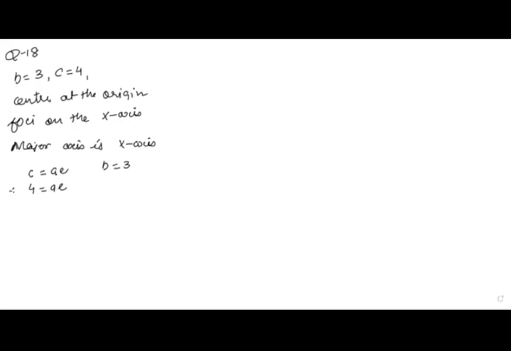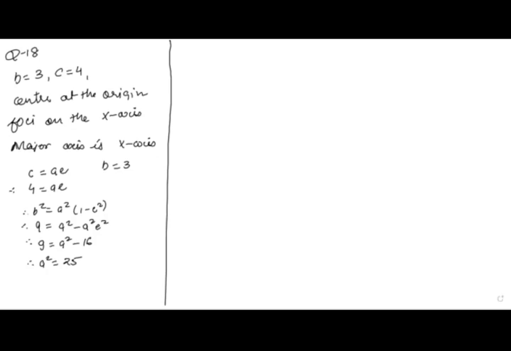Now, I will use the relation b square is equal to a square 1 minus e square. So b square is 9. A square minus a square e square. Therefore, 9 is equal to a square minus 16, where a square e square is 16. Therefore, the value of a square I got is 25. I got the value of a square, I got the value of e square.